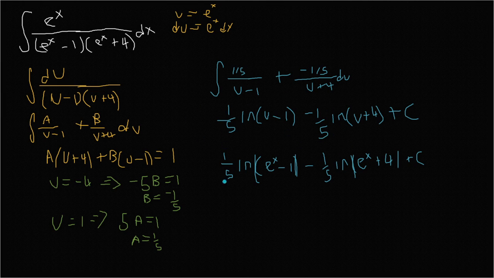And for this one too, I'm going to do the logarithm property. What we see here is we can pull this 1/5 out of them, and then we have this negative sign. And so we can have 1/5 times the natural log of this first term, e to the x minus 1, over e to the x plus 4, plus c.